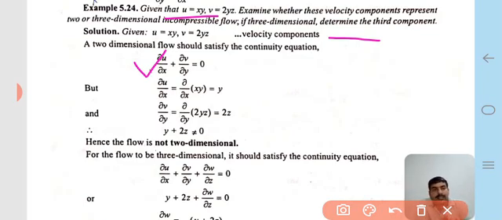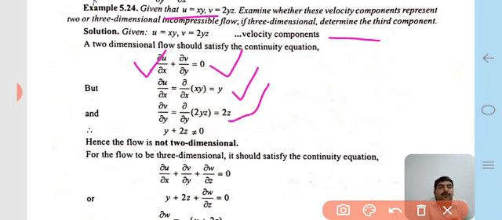Differentiating the velocity component along the x axis with respect to x, del u upon del x is equal to y, and differentiating the velocity component along the y axis with respect to y, del v upon del y is equal to 2z. Putting both values in the continuity equation, we get y plus 2z is not equal to 0.